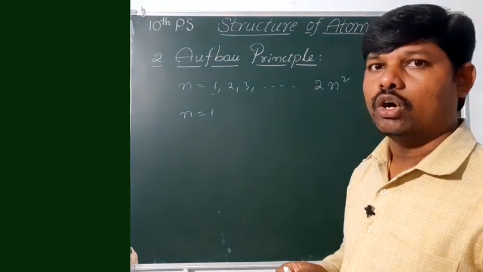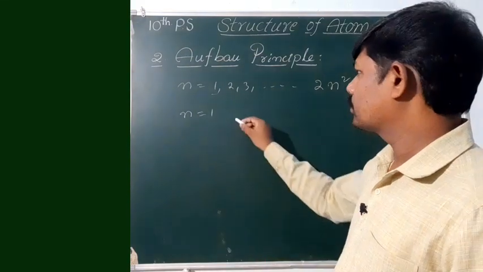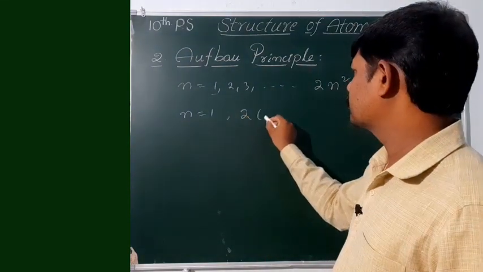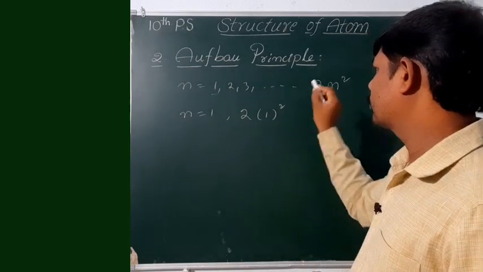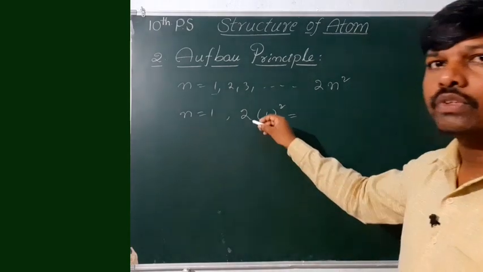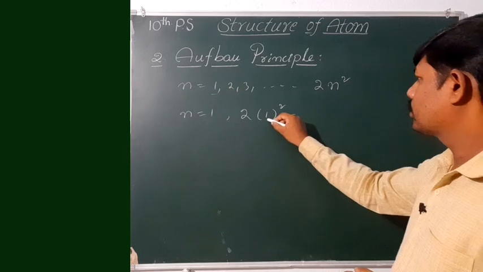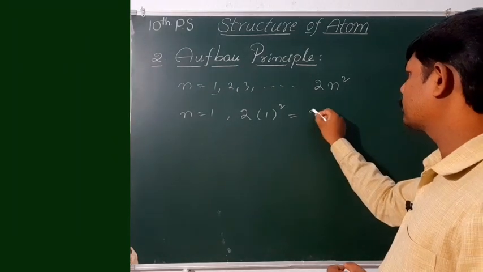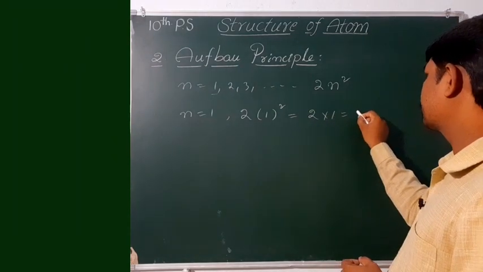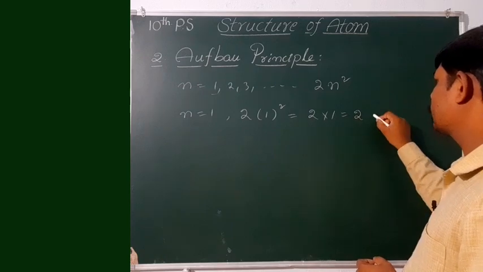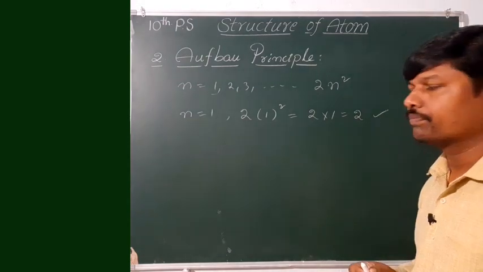how many electrons are there? So we can write 2 into 1 whole square is equal to how much? 1 square means 1 only. 2 into 1, 2. That means in the first shell there are only 2 electrons.